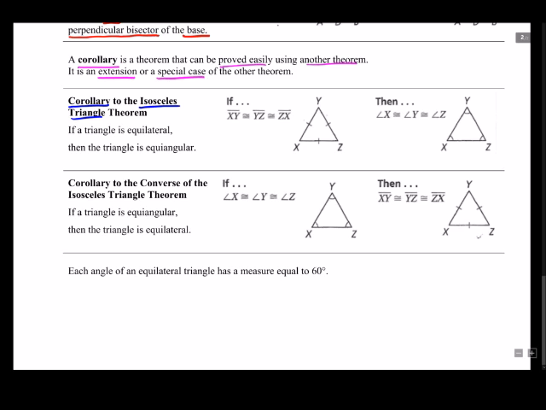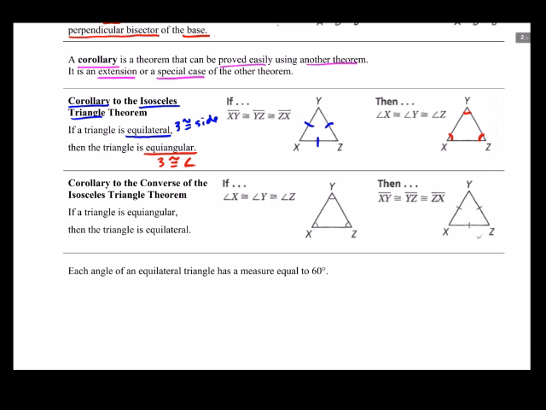This one says if our triangle is equilateral, that's three congruent sides, 1, 2, 3, then what's going to happen? Your triangle is equiangular. This is three congruent angles.